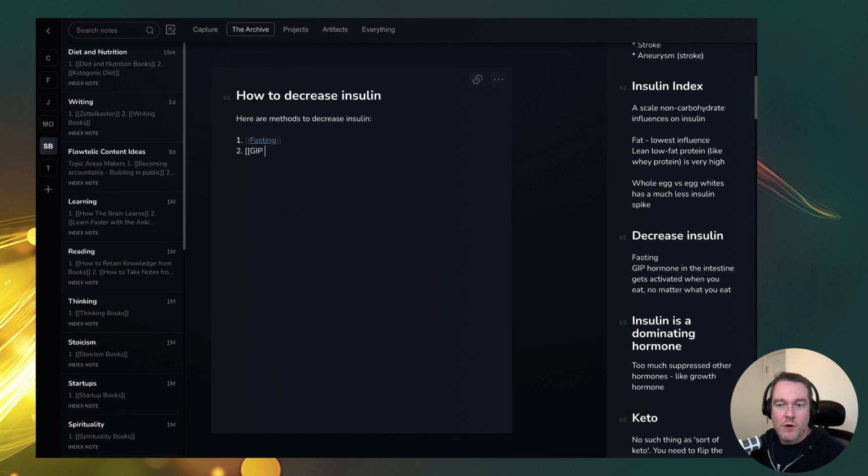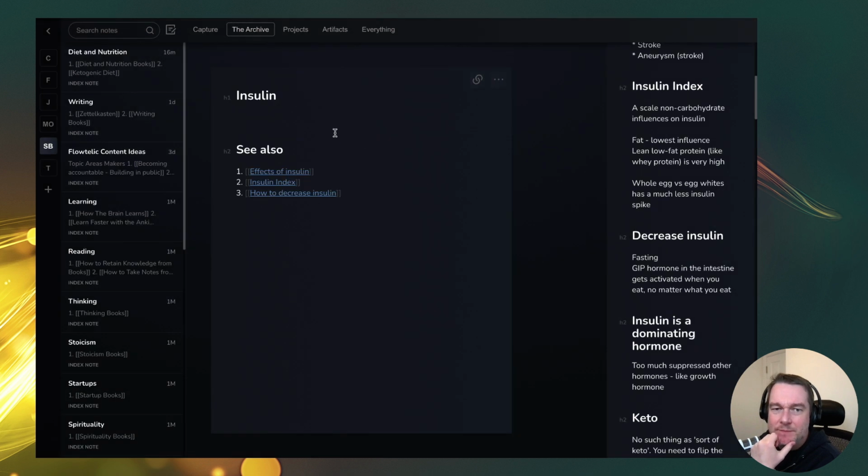GIP hormone. Oh wait, hang on. I need to pay attention to what this is. So the GIP hormone in the intestine gets activated when you eat, no matter what you eat. So we need to understand what a GIP hormone is.